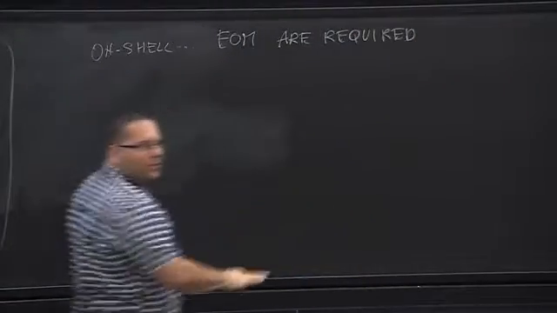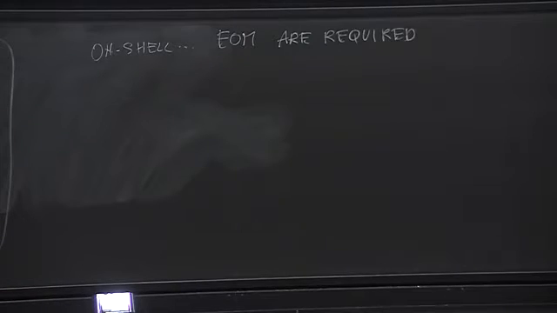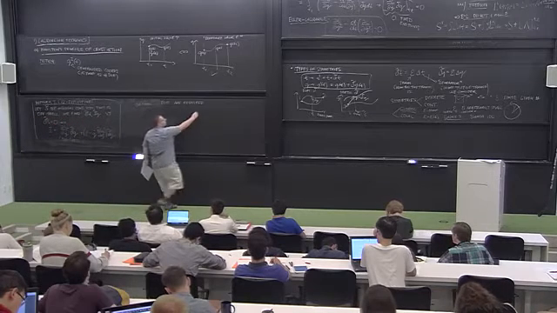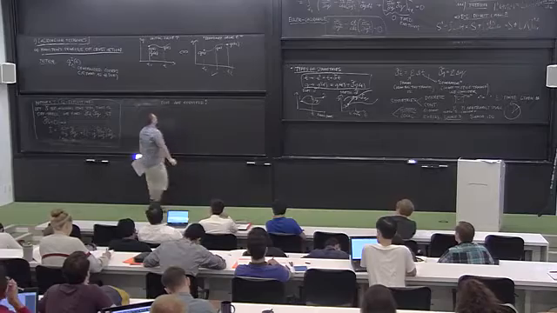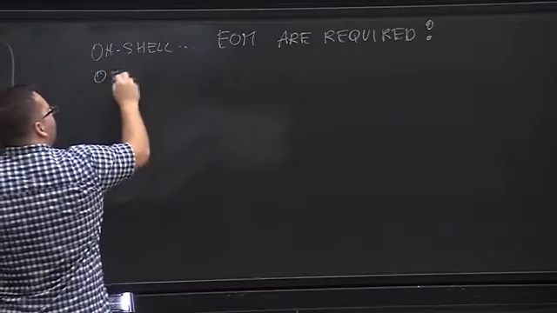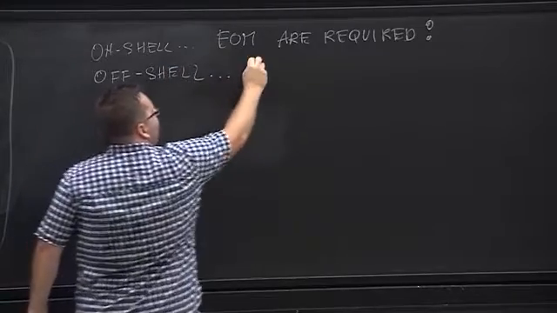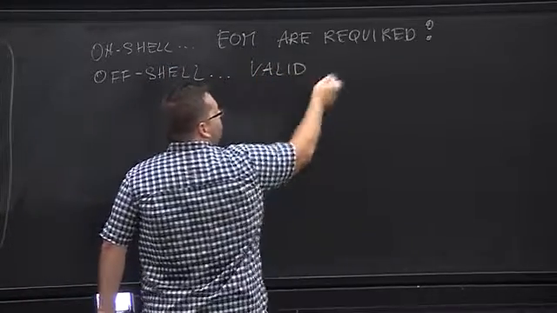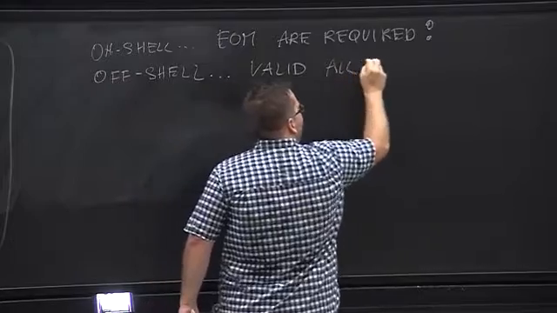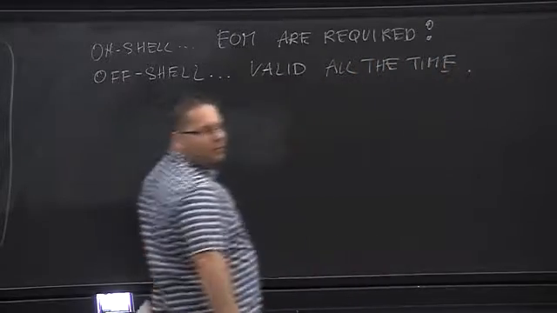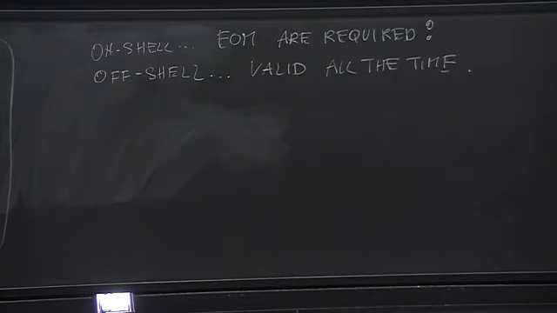If you say some statement is valid on shell, it means that that statement is only valid provided the equations of motion are satisfied. On the other hand, off shell means it's valid all the time, no matter whether the equations of motion are satisfied or not.